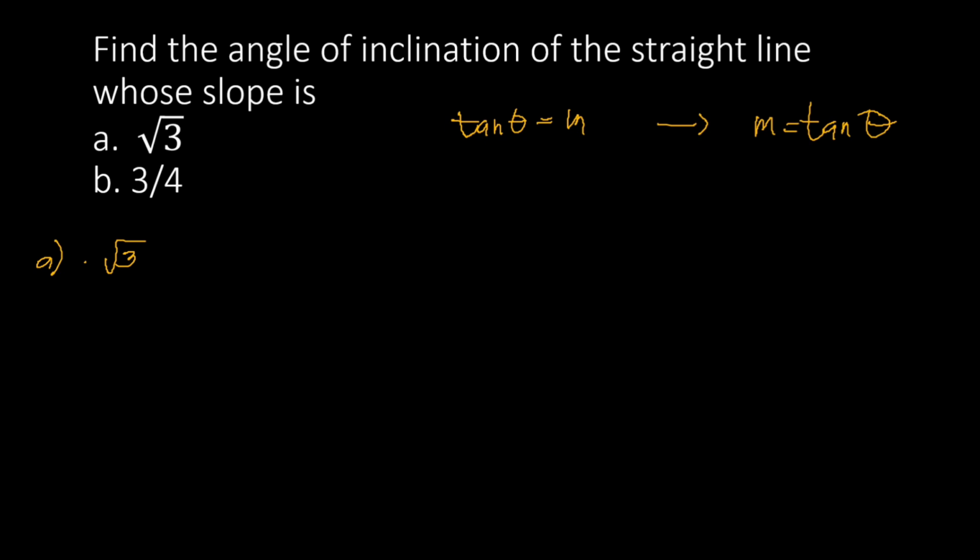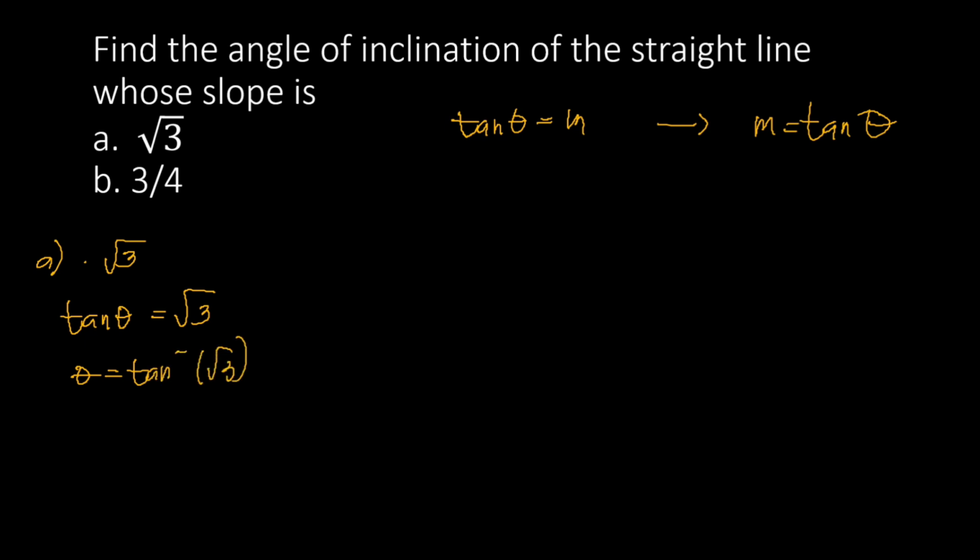negative square root of 3. To get the inclination of a line, we have tan theta is equal to m, so papalitan natin dito yung m. And then we have inverse tan, then square root of 3.